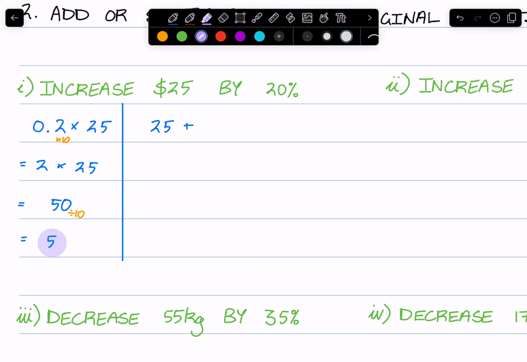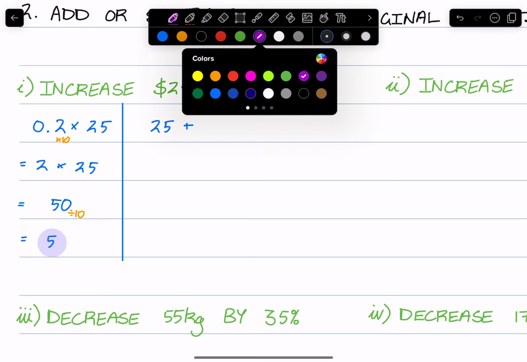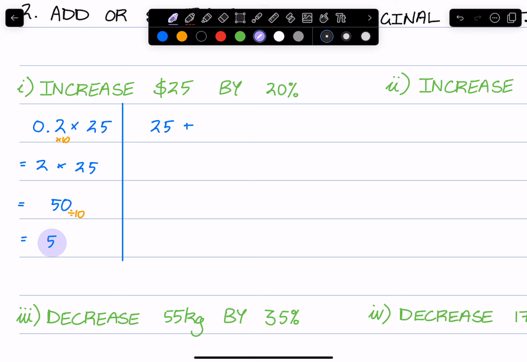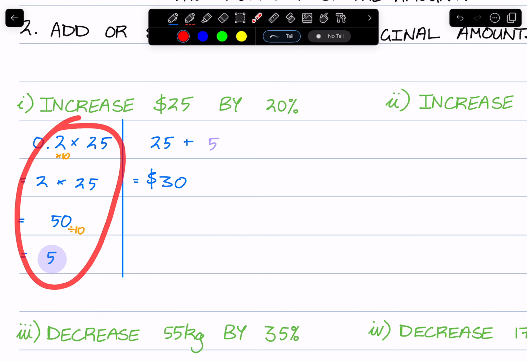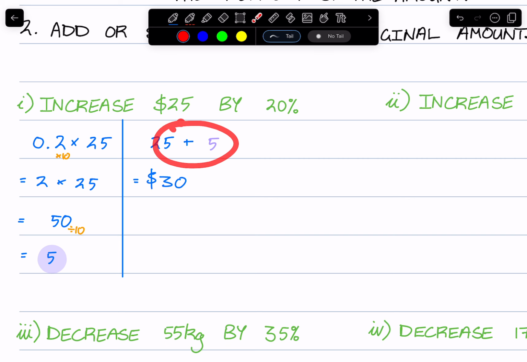So we are adding in that $5 we've just calculated. So after the increase, we get $30. And that there is how we increase. So we really just find the percentage first and then just add it on.